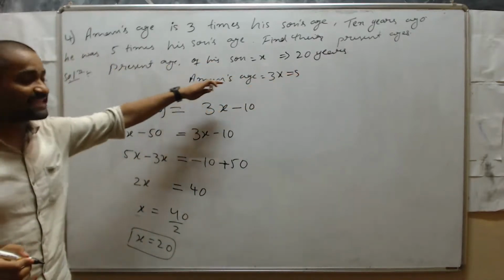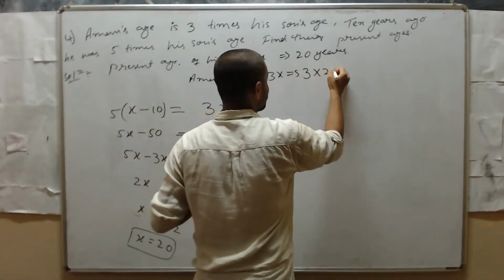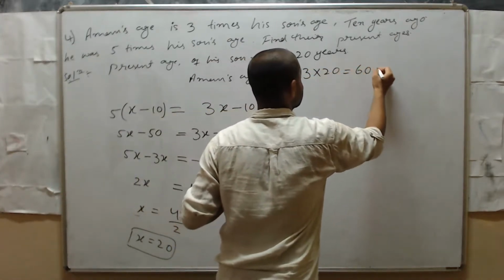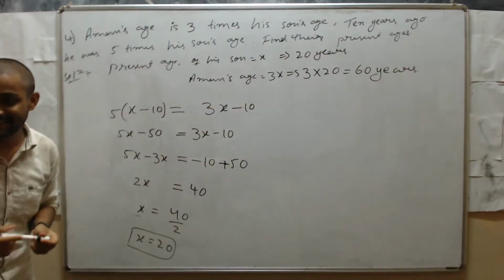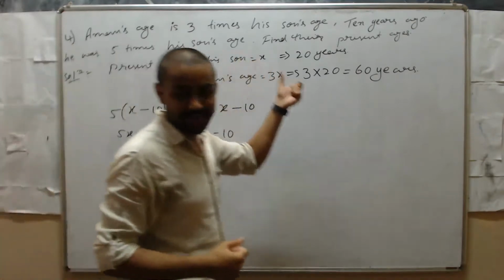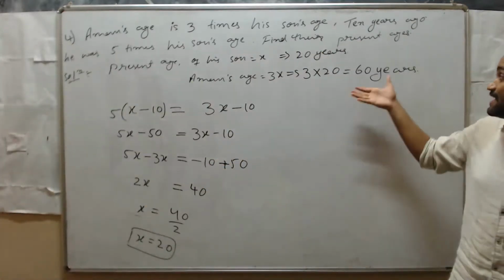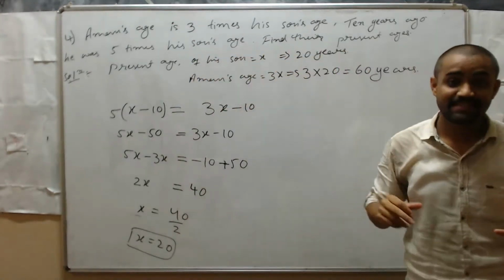And what will be Aman's age? That is 3 into 20 is equal to 60 years. Is it clear, students? His age will be 20 years and Aman's age will be 60 years. Those are the present ages of Aman as well as Aman's son.